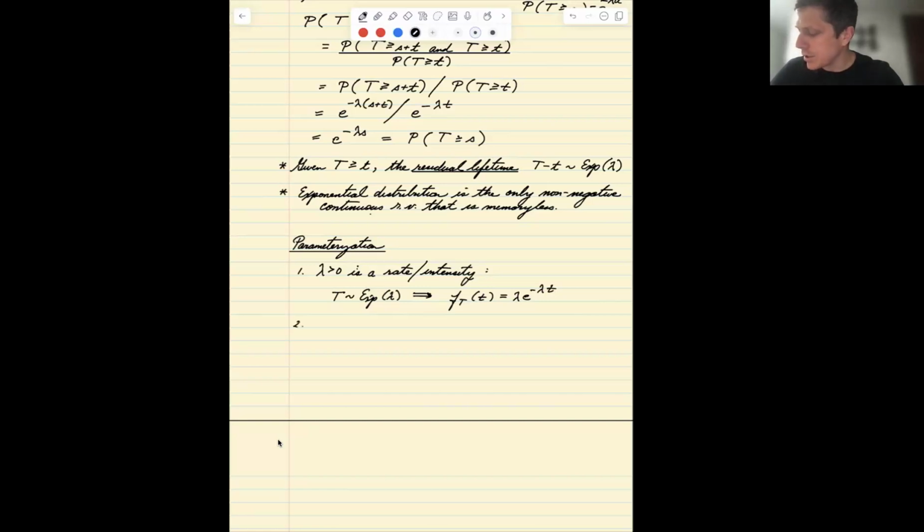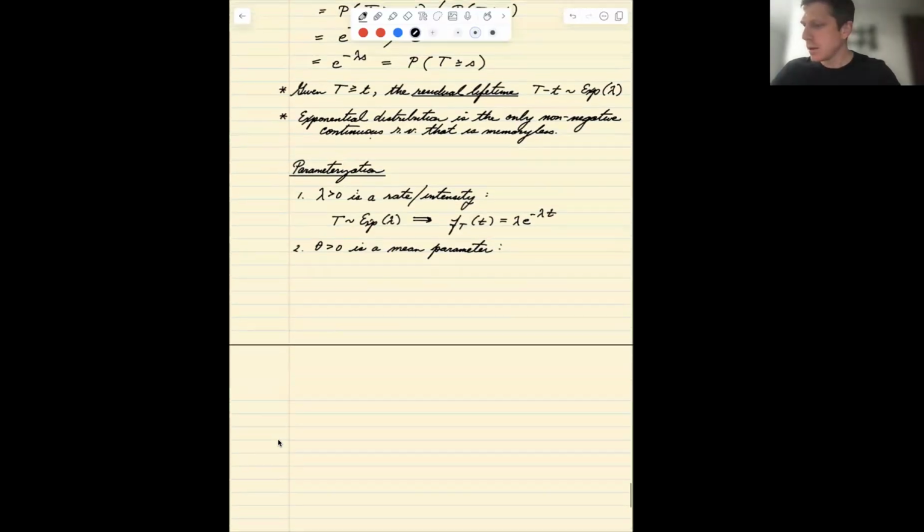Another interpretation is you take theta and make it be the mean parameter. So you say, how much time do you expect to wait? In this case, different authors use different conventions is my point.